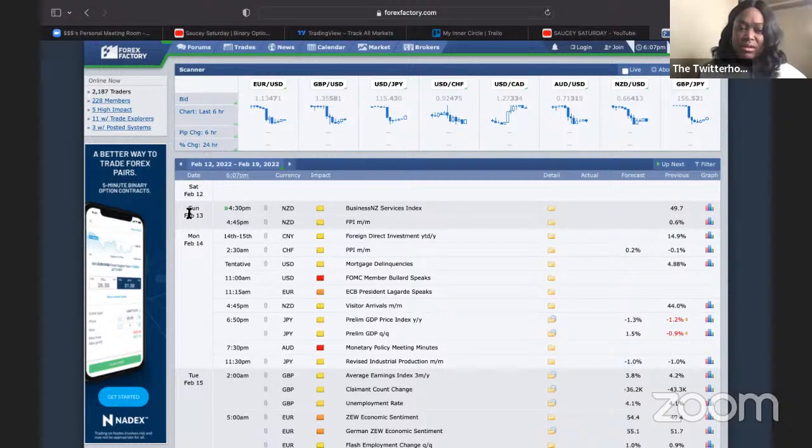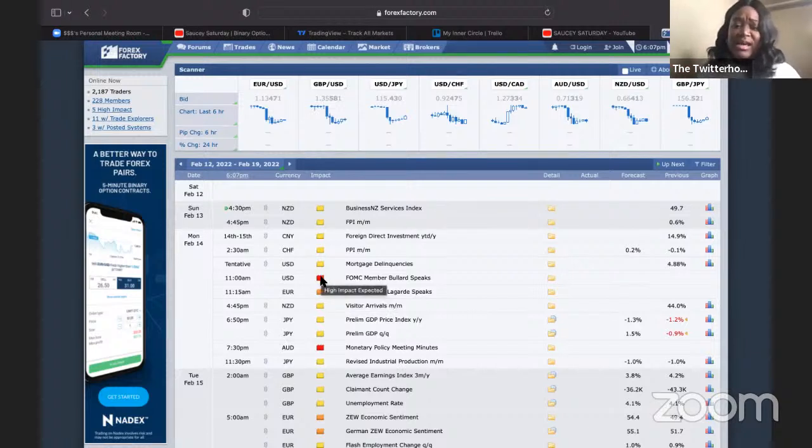But we have the date to the left, whatever time of day it is here, and then currencies and the impact. Now, a yellow folder is low impact, right? An orange folder is medium impact, and the red folder is high impact.